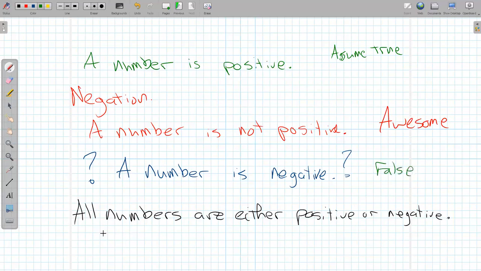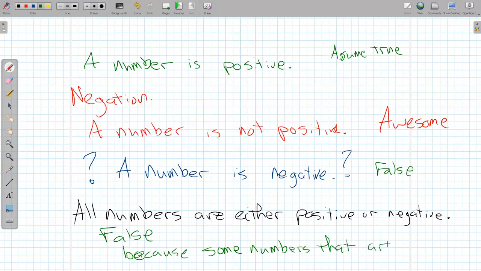And it turns out this is false right here because there are some numbers that are not positive and not negative.